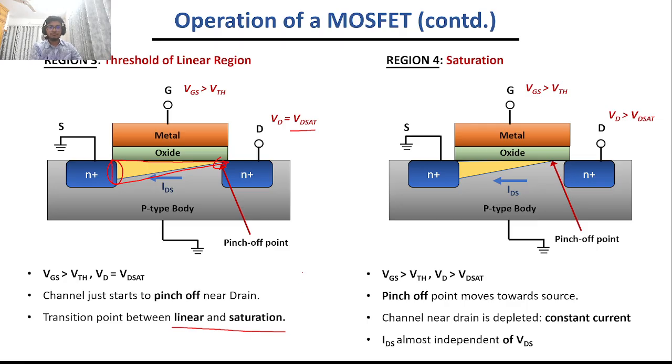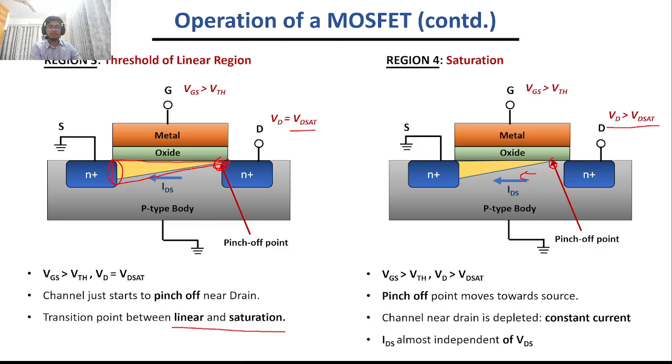So after that, if we increase the drain voltage above the saturation voltage, the pinch-off point now starts shifting towards the left, as you can see on the diagram compared to the previous diagram. So now the channel is incomplete, but we still see that IDS is existing.